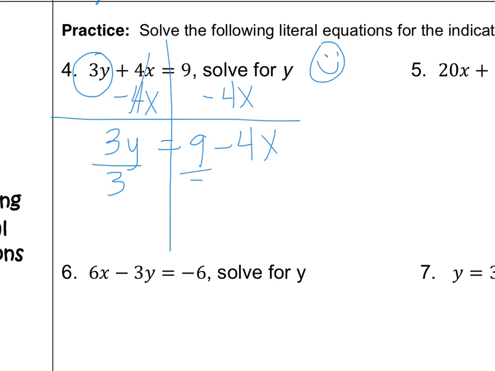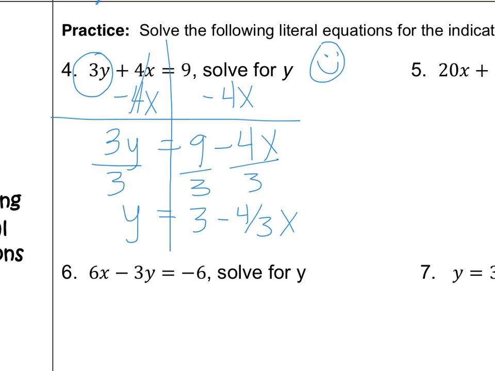But I want you to go ahead and draw your line and divide each one of the terms by 3. So we have y equals 9 divided by 3 is 3. Negative 4 over 3, we're going to leave it as a fraction. Negative 4 over 3, x.